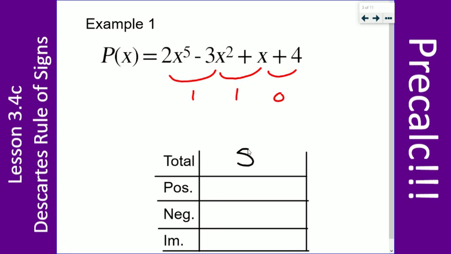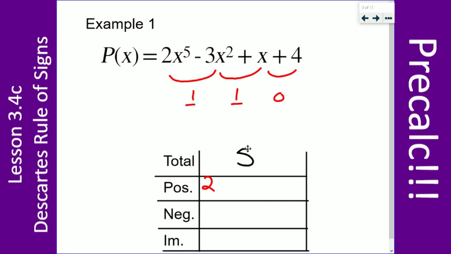So we count up the number of sign changes in f of x. We have two sign changes, one here and one here. So we have two positive sign changes.